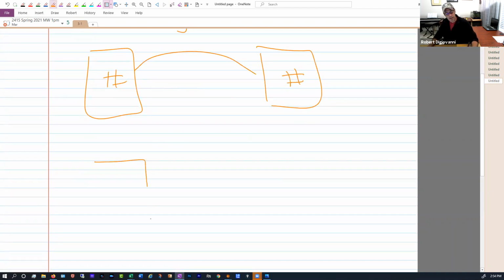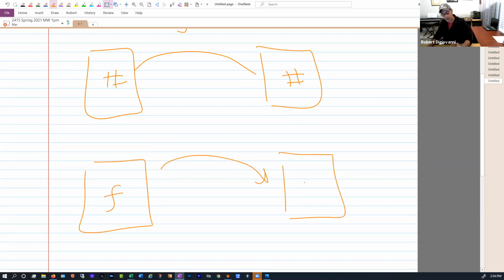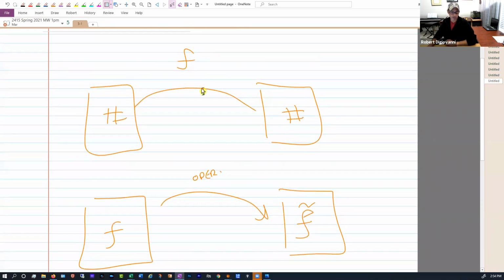But when you take functions in and spit out new functions, I'll call it f tilde, then the operation that takes a function in and spits a function out, these are called operators. Okay, it's not a function, it's an operator.